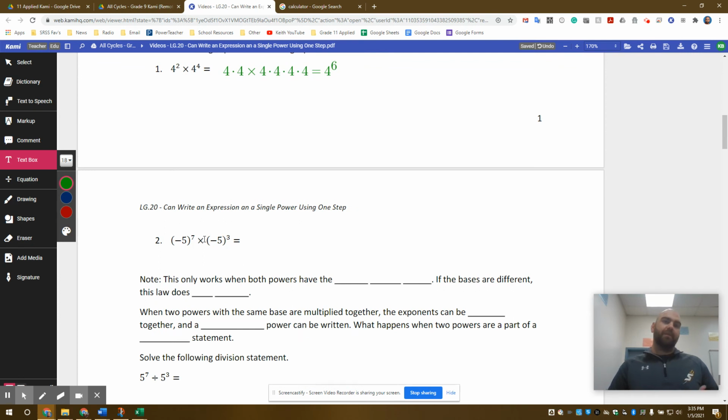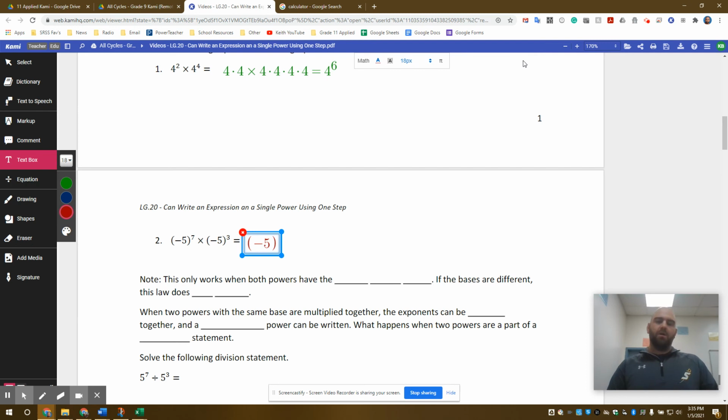We can do the same with negatives as well. In this case, our base is -5, which is the same in both situations. So if we were to write this out as a single power, we would have a base of -5.